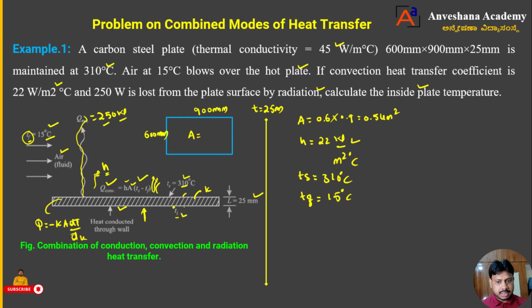Then radiation heat transfer, I can write here as Qr. Qr is the radiation heat transfer that he has already given, that is 250 watt, dear students. Then what you need to find out is the value of Ti. Ti means the inside temperature of the plate you need to calculate. That is your finding.